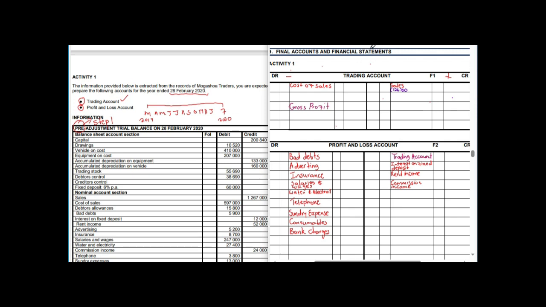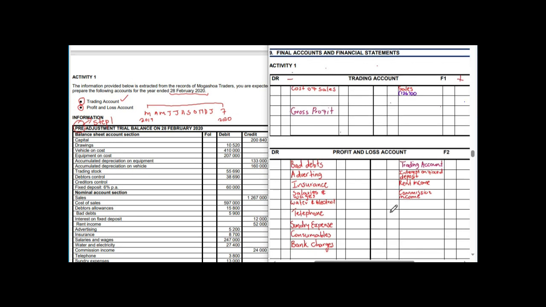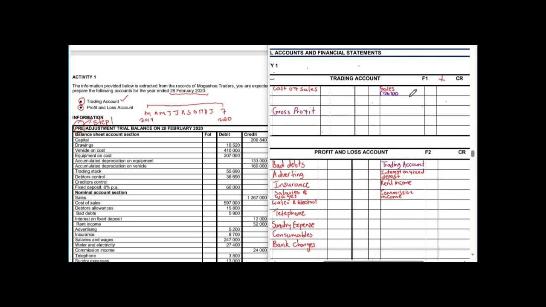Under the credit side, as we have said, we have sales, and sales will subtract debtors allowance.